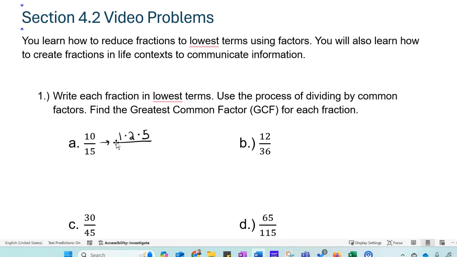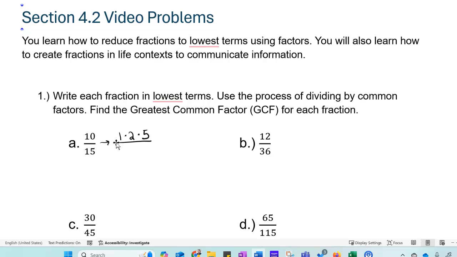Now, I usually include 1 when I'm in the process of reducing, because sometimes everything but the 1 reduces out or cancels out, and so you have a 1 remaining. The main thing to know is that your numerator can never be empty. So if everything cancels, you need to put a 1, and this just helps me remember that there needs to be a 1 there if everything else goes.